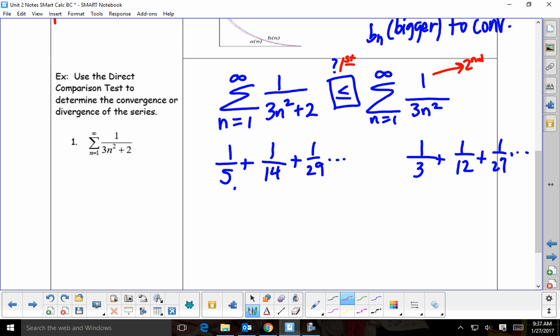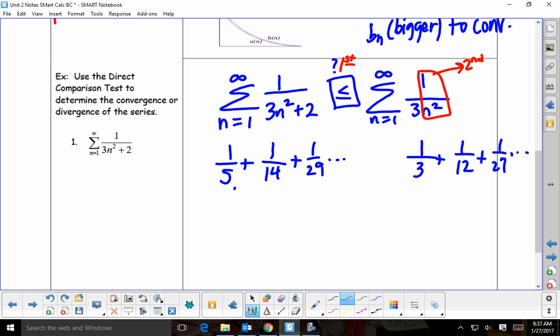And in fact, what kind of series is this? It's a P series. If it helps you, you could write it like that if you want. Does that help to see the P series? Okay, that C doesn't matter, right? So what does this do by the P series? This is the P series.